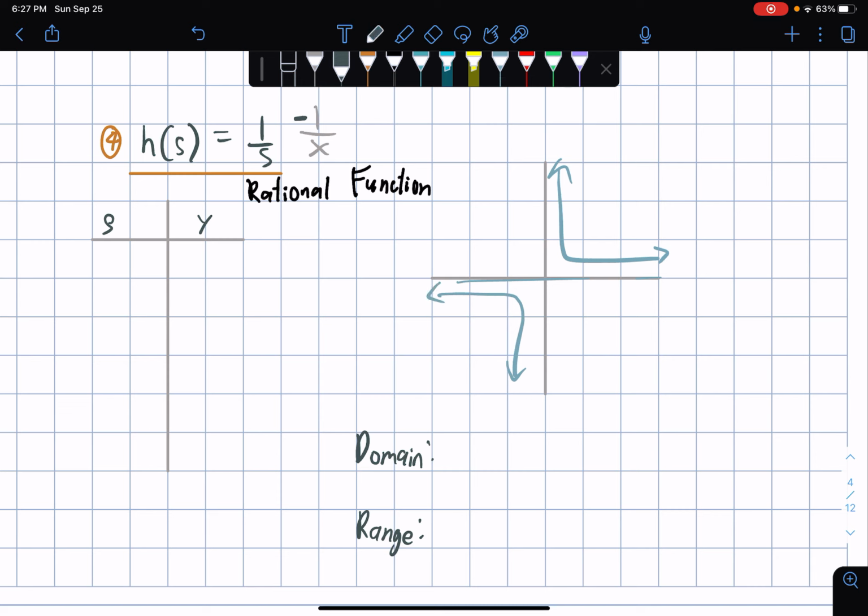And with that in mind, we could say that the domain will always be the set of all real numbers, since they're all the way like that. And for the range, something like this. Of course, we have to write something like this, except 0.